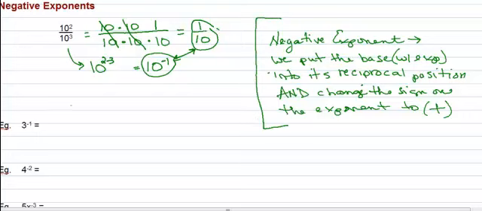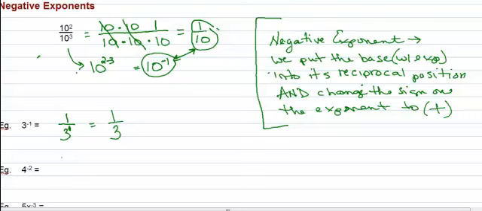It does take a little bit of practice, but let's go ahead and look at this one. Now this has 3 to the negative 1. So the negative 1 tells us we put it into its reciprocal position, so we put it over into the denominator, the power is now positive, and we simplify it. Same thing happens here.